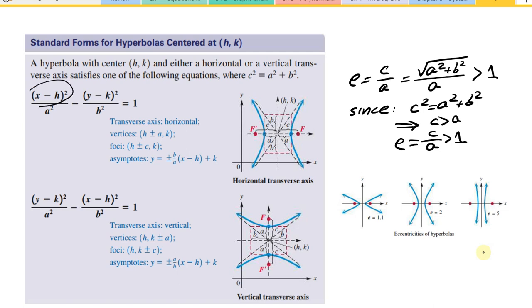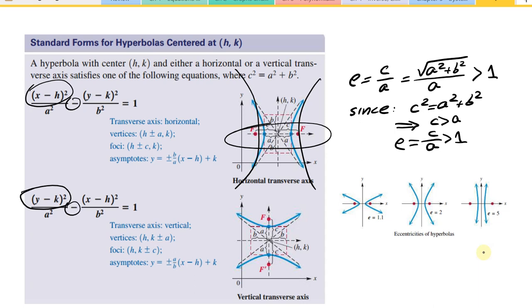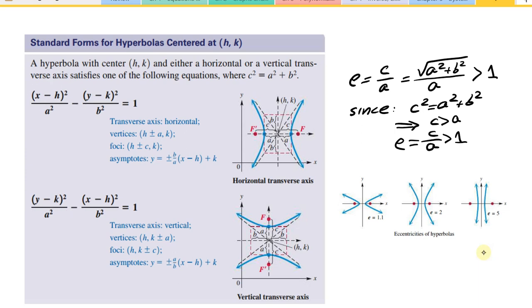If it starts with x squared and then a minus sign, the transverse axis would be horizontal, hence we have horizontal hyperbolas. If you start with y squared followed by a minus sign, the transverse axis would be vertical, and hence we have these vertical hyperbolas. Okay, and then you're looking at specifics of the coordinates.